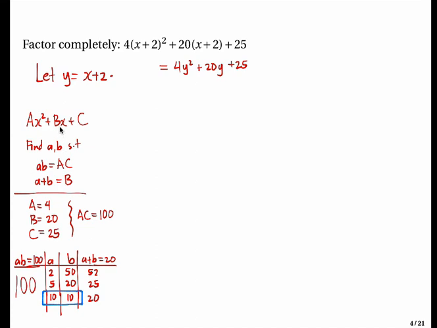And then in this method, what's next? What we do is decompose the term bx into small ax plus small bx.